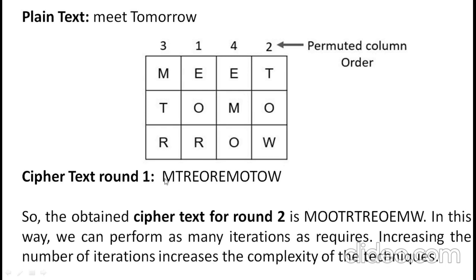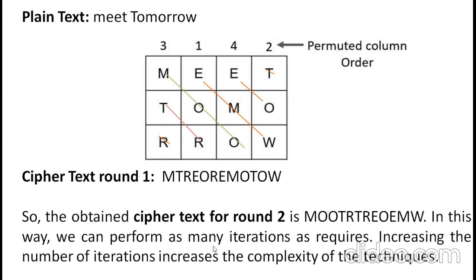Now you can easily see that compared to the first round, it is more complex to obtain this ciphertext in the second round. How is it obtained? Now you can see MOO, right? Thereafter TR, thereafter this T and this R. Next we moved to this one, EO, then EMW.